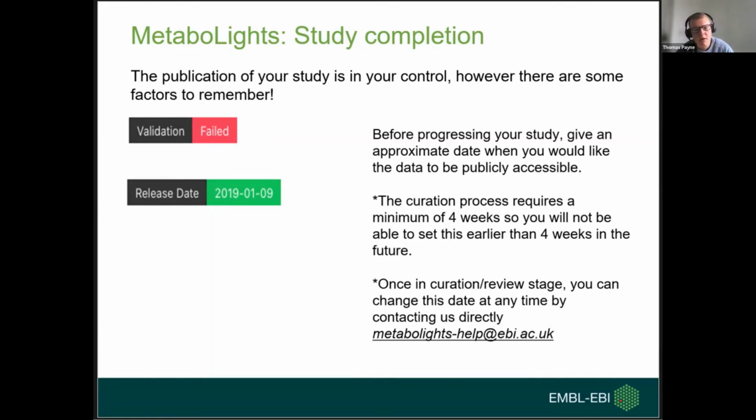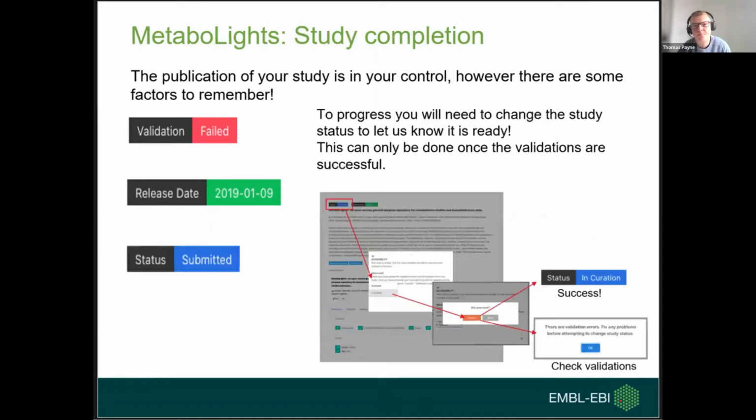So reminder, there are 4 stages: submission, curation, review, and public. And the in-curation step is just a step to assess whether the study is complete and fulfills the requirements of Metabolites. And to progress the study, you'll need to change the study status to let us know it's ready for in-curation. And this can be done once validations are successful.